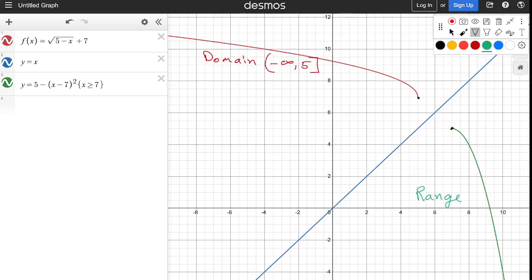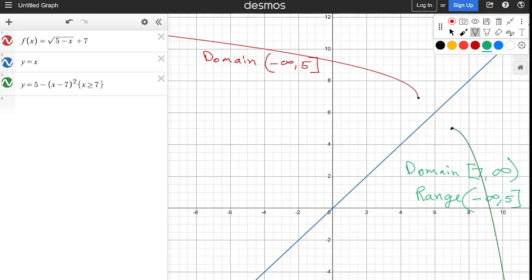Range is going to be negative infinity to 5. With the green, we found that to make it one-to-one, we had to take the domain and make it so that x is bigger than 7. Go all the way to infinity.